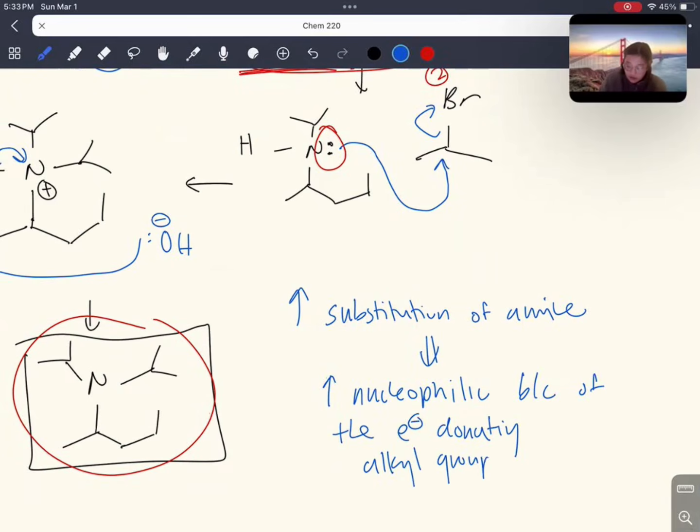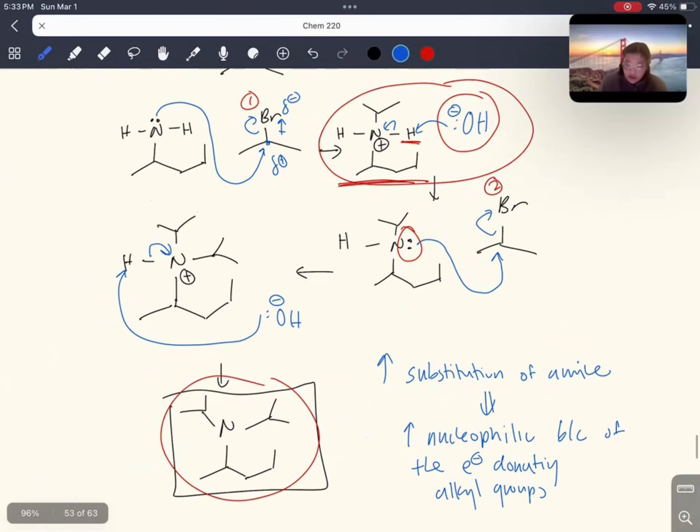So the second round of this reaction is faster than the first round because your nitrogen now has 2 alkyl groups attached to it.